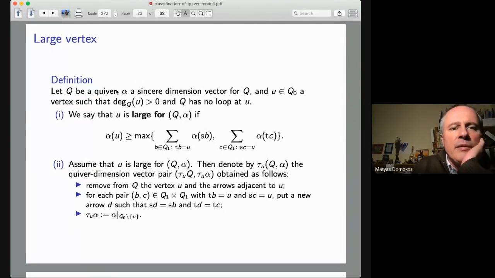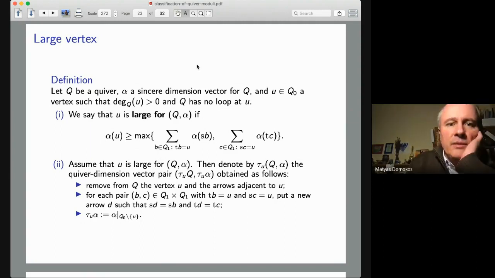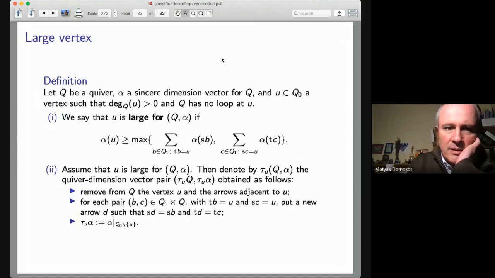Given a quiver and a dimension vector alpha, sincere just means that it's everywhere positive, so it takes a positive value on all the vertices. It's easy to see that it's sufficient to restrict to such pairs (Q, alpha) where alpha is positive everywhere, because we can forget those vertices on which the dimension vector is 0.